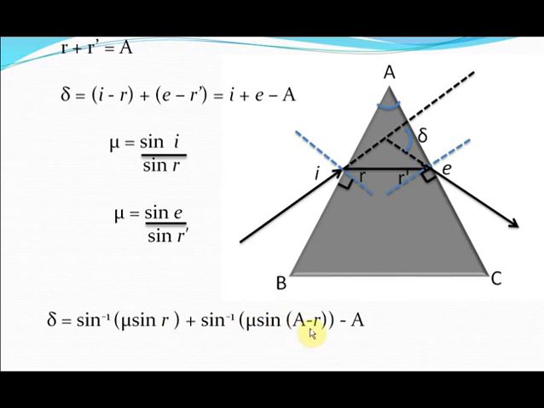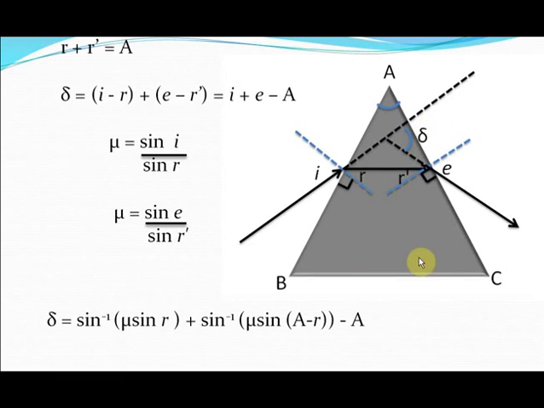This is because we can write E as sine inverse of mu sin r dash, and r dash is nothing but A minus r, because r plus r dash is A, and A remains as it is. So what we've simply done is we've taken help from some geometry and written the expression for delta, and then we've written these angles I, E in terms of r, the angle of refraction at the first surface AB.